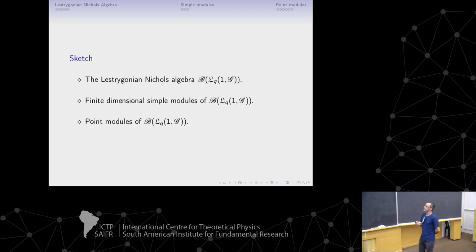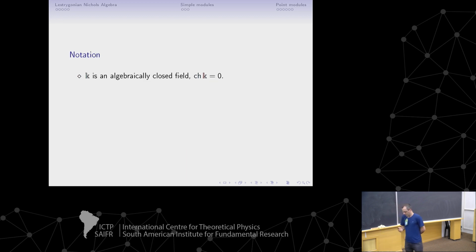In the first part, I recall the structure of the Lestrygonian Nichols algebra. In the second, we classify the finite dimensional simple modules, and in the last part, we classify the point modules. About notation, K is an algebraically closed field of characteristic 0.